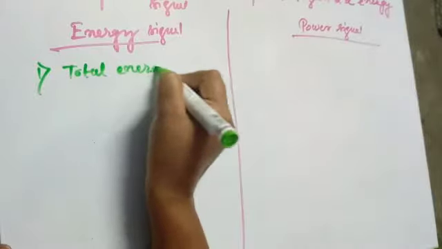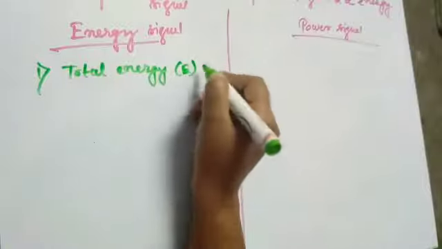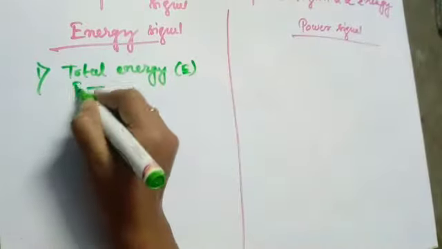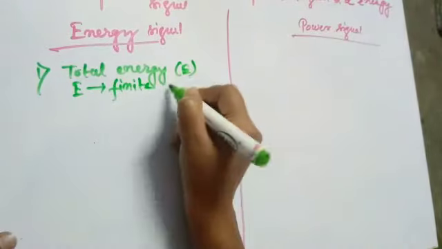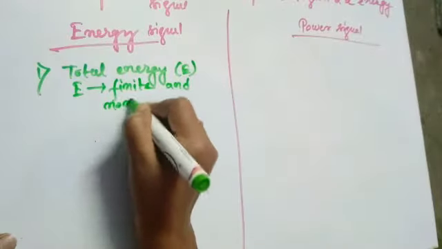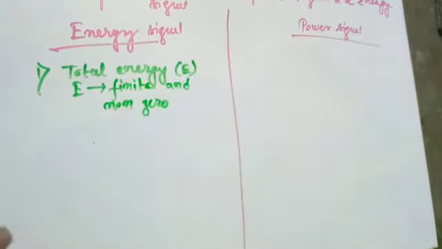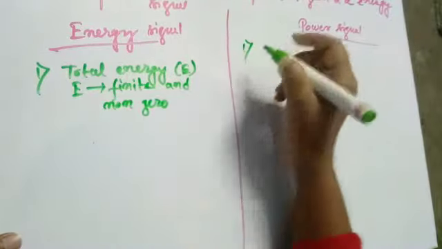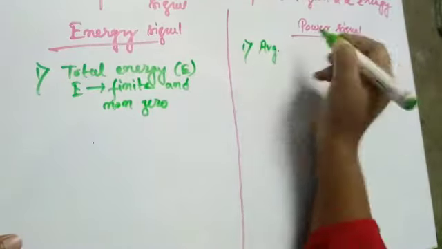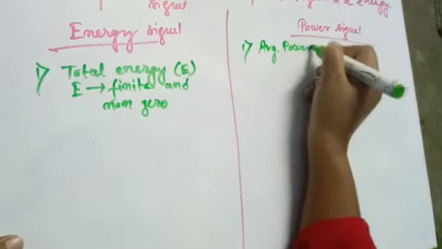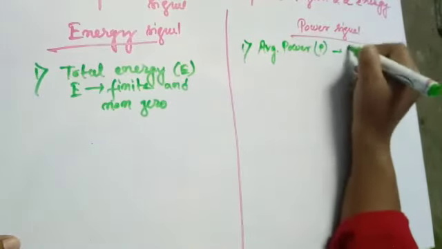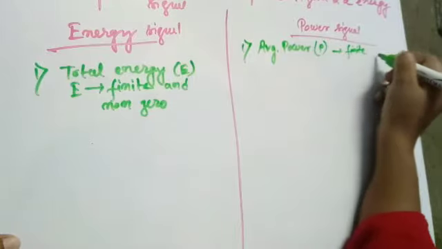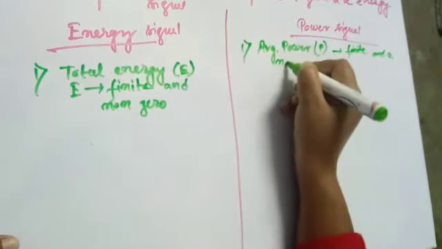The total energy, represented as E, of an energy signal will be finite and a non-zero value. For a power signal, the average power, not the total power, represented as P, is finite and a non-zero value.